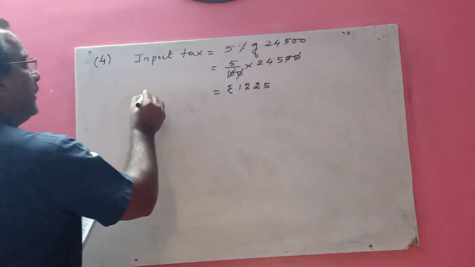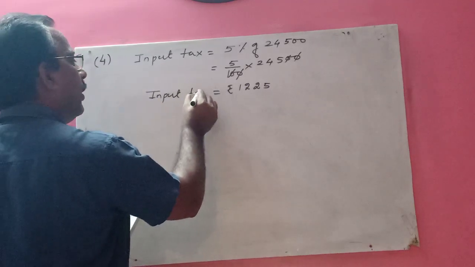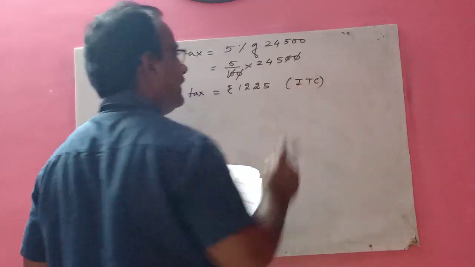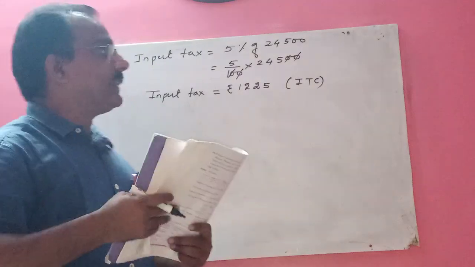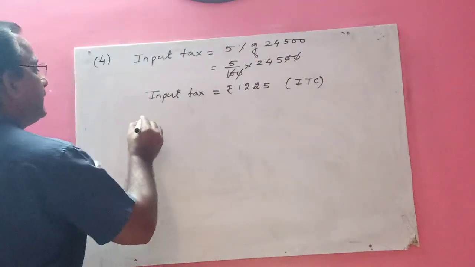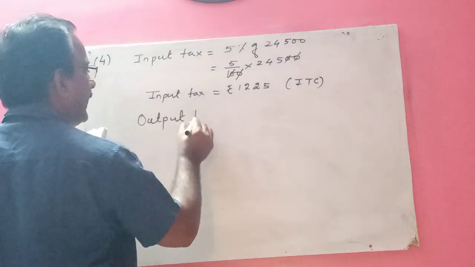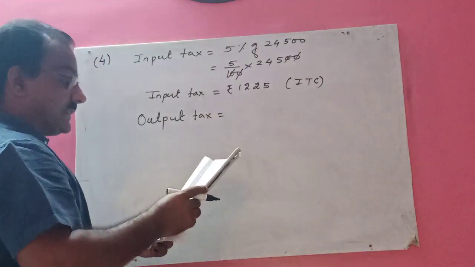Okay children, this is your input tax, or you can say this is your ITC. GST is paid at the rate of 5%, so we have to calculate 5% of this amount as well as 5% for the output tax. Output tax is again how much here? 26,500.